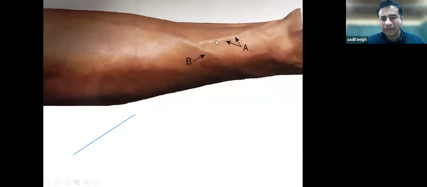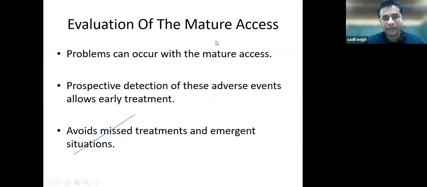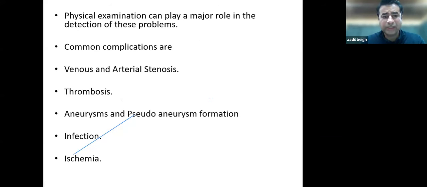So these are some accessory vein photographs. Again, same. So now how will we evaluate the mature access? There's a common thing that happens to the access: venous stenosis, aneurysms, pseudoaneurysms, infections, ischemia.